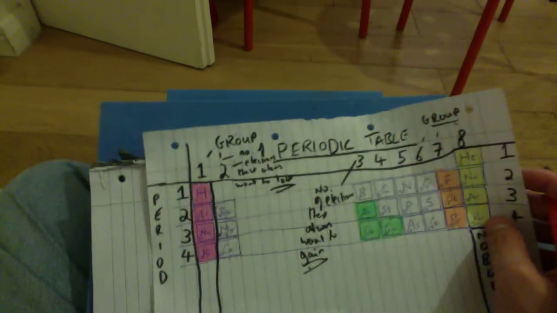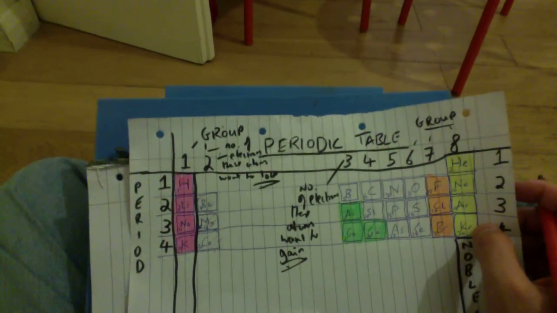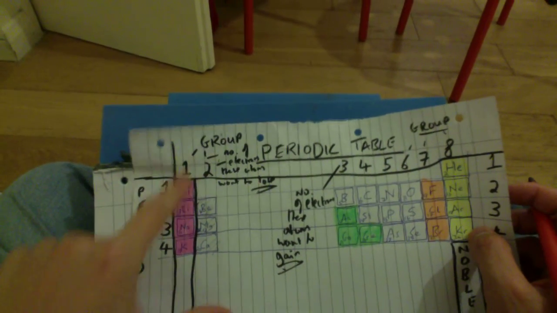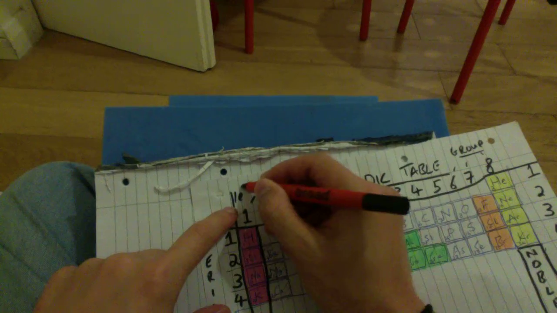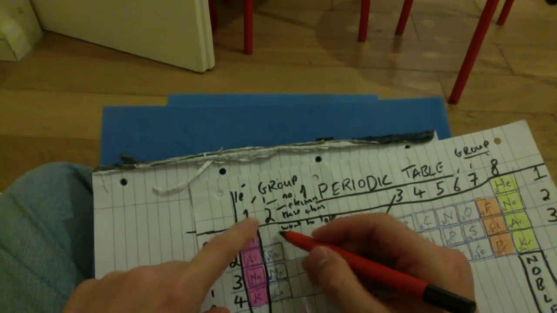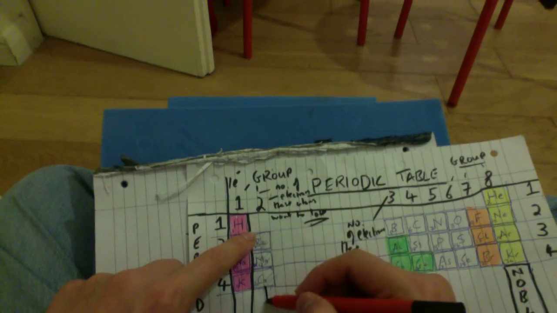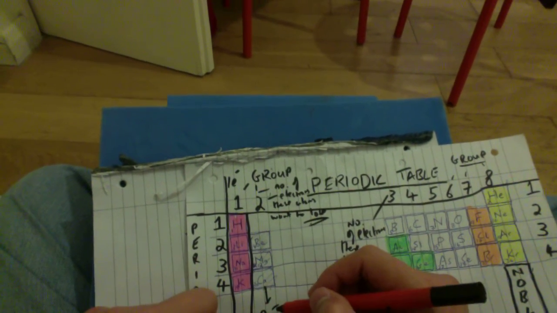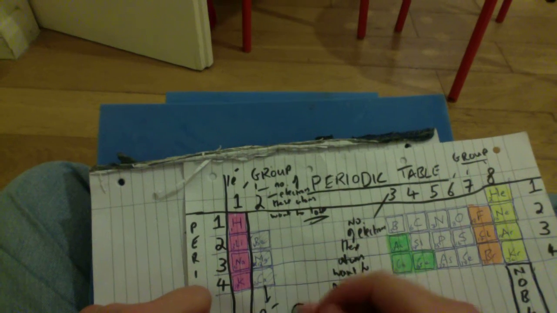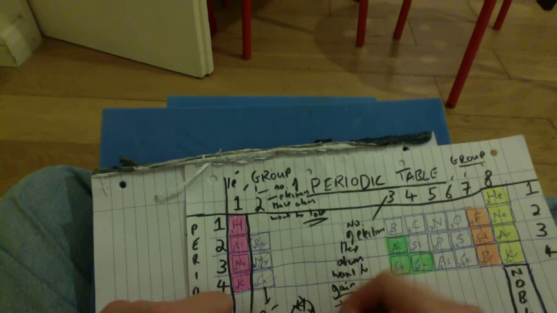Okay, so you've got to think about the periodic table in terms of the behavior of what all the atoms want to do. So the atoms of the elements in this column all want to lose 1 electron. All the elements in this column want to lose 2 electrons, because if they lose 2 electrons, they will have a full shell. They'll be happy.